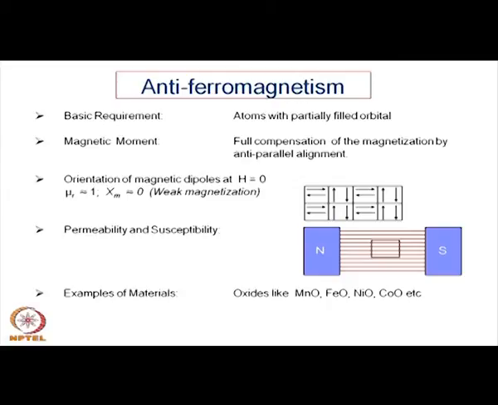So, they have identical structures, and because of the interaction between them, the magnetic moments are aligned in an antiparallel manner, and that is the reason this group of materials is called antiferromagnetism. So, compared to ferromagnetism where there is a parallel alignment, here is an antiparallel alignment, and therefore, its name is given as antiferromagnetism.